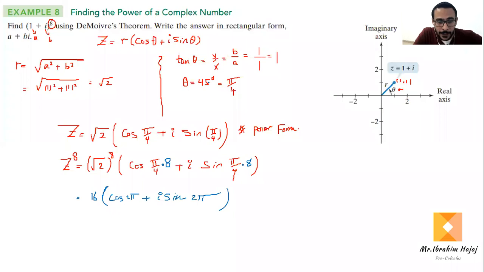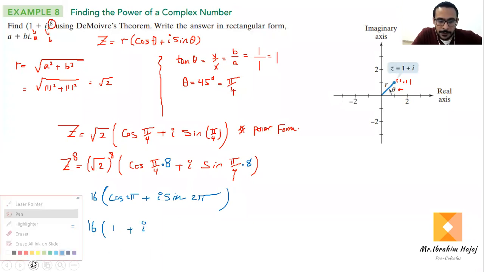So here is 16 cosine 2 pi. What is cosine 2 pi? In the calculator, cosine 360 equals 1, plus i sine 2 pi. The exact value of sine 2 pi is 0.